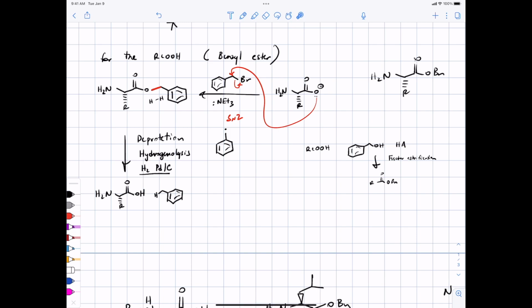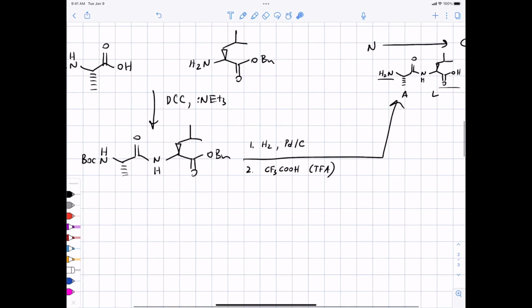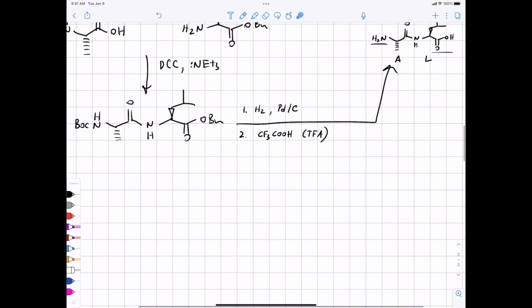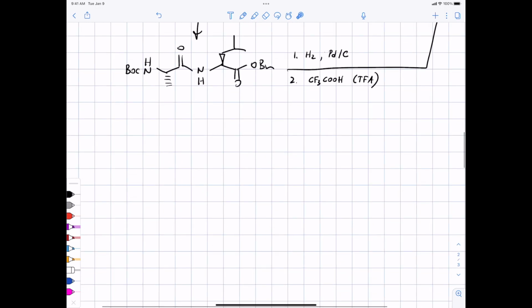Yep. All right. So what I just showed you is basically solution phase peptide synthesis. And we might continue onward. Suppose I wanted to make something else, right? Suppose I didn't want a dipeptide, I wanted a tripeptide. You can see how I could have at this stage said, okay, let's actually remove the acid protecting group.